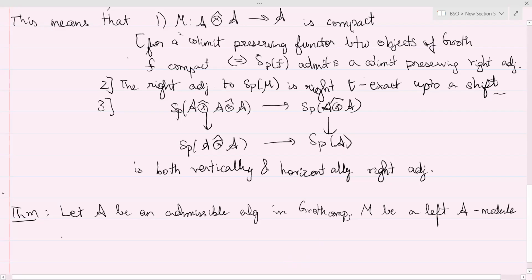Then first of all, the action map mu_M, which is not good notation, but we won't use it much, is compact.